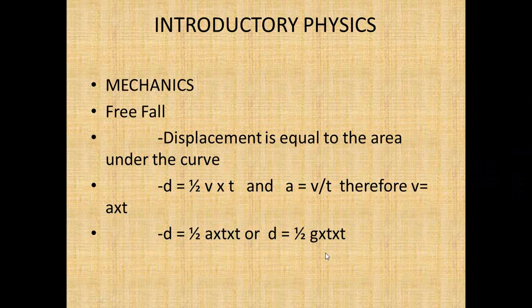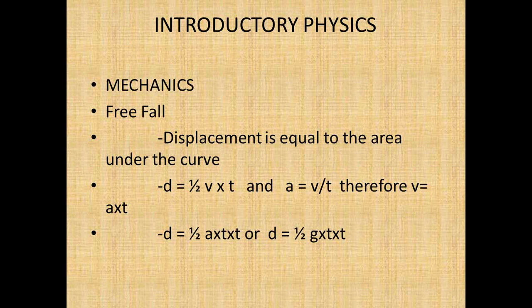So this is the equation we use for free fall, and I just showed you how this equation is derived. When you know how to derive an equation, then it sticks. You understand what you're doing. So for the displacement, when you drop an object from some height, you can find the distance traveled by just knowing the time it takes.